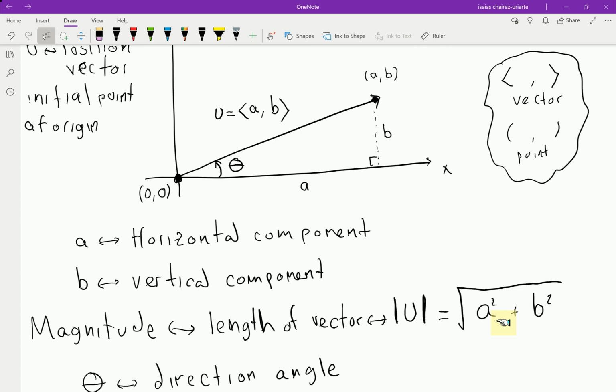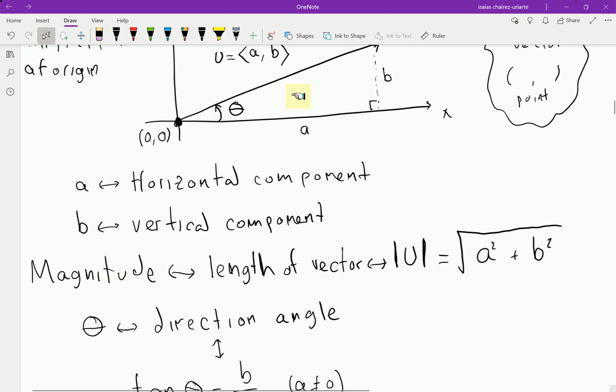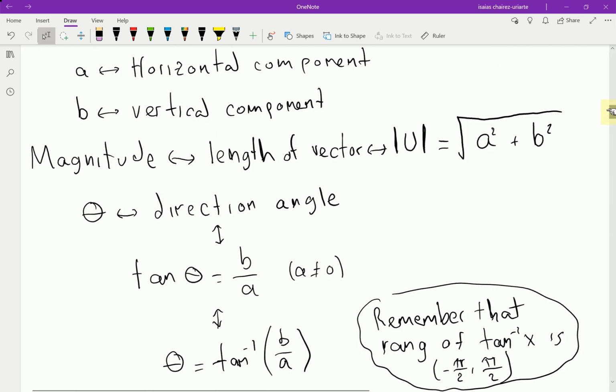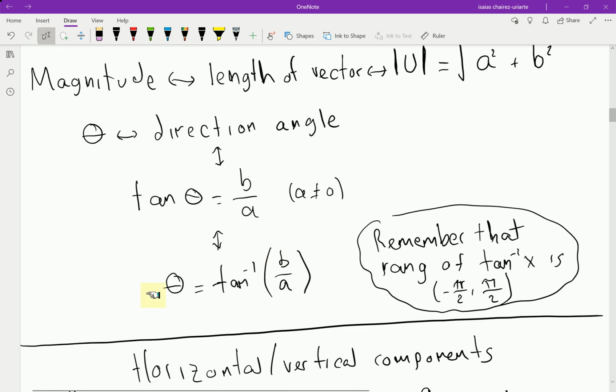A vector is made up of 2 things, a direction and a magnitude. The direction angle is this angle theta. If you look at this picture, tangent of theta is opposite over adjacent, and that's going to help us find the angle.